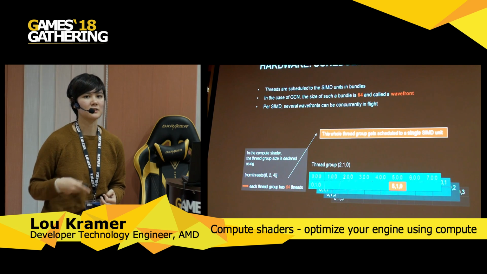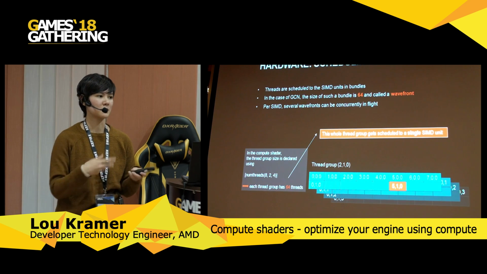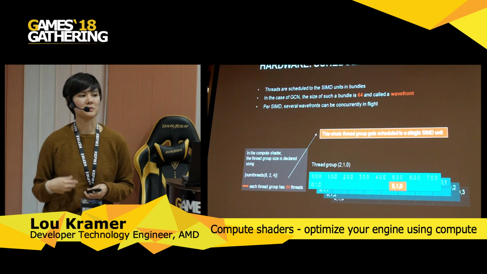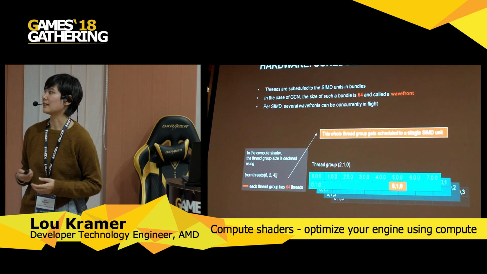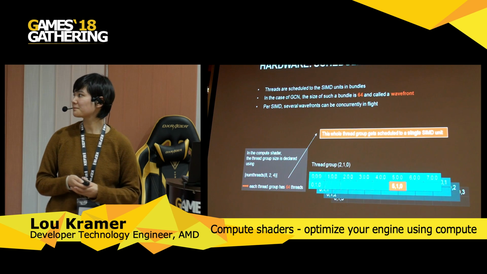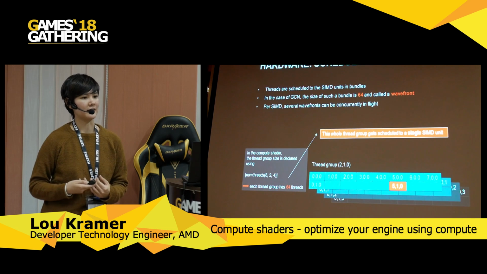Each wavefront gets scheduled to different SIMD units, usually round robin, so the first wavefront to SIMD unit 0, and the second wavefront to SIMD unit 1, and so on, depending on which SIMD unit has capacity for a new wavefront. So what can we conclude from this kind of scheduling?